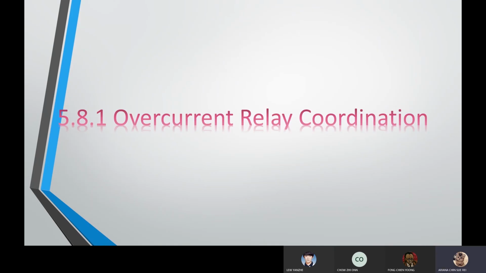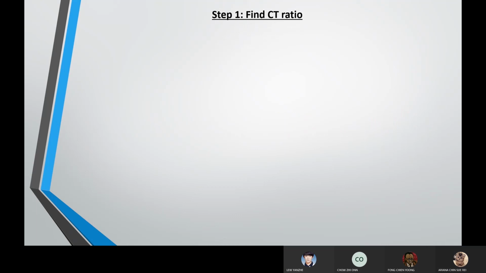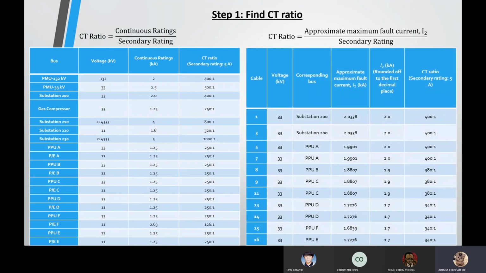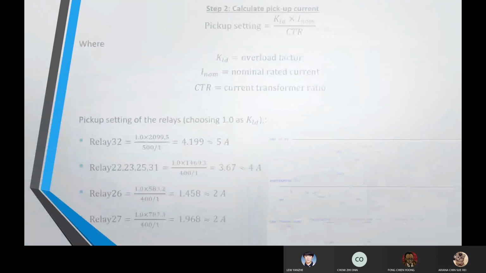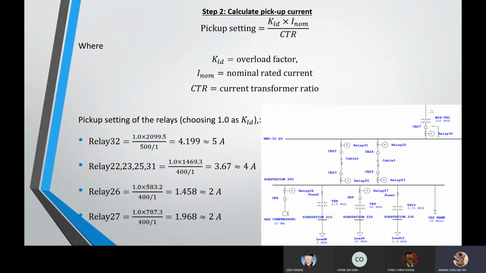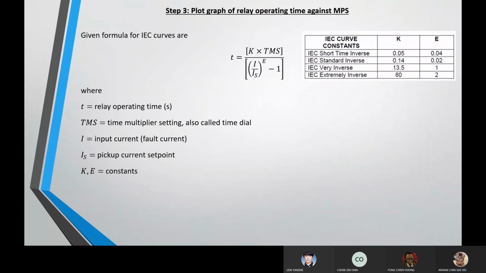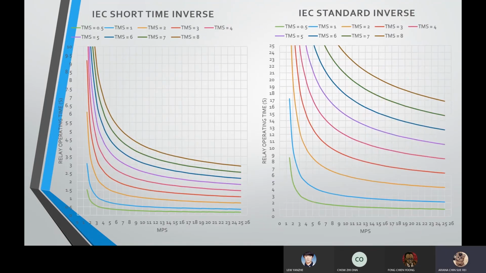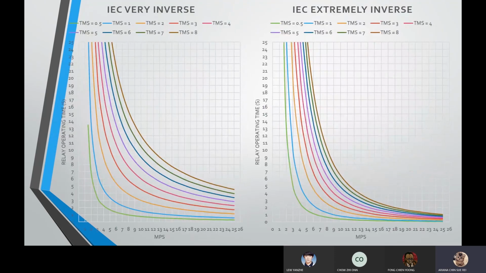Next, we will analyze the overcurrent relay coordination. As stated just now, the first step is determining the CT ratio. Next, we have to calculate the pickup current. And the third step is we have to plot the graph. There are 4 different types of graphs that we can refer to, which are the short time inverse, standard inverse, very inverse, and extremely inverse.